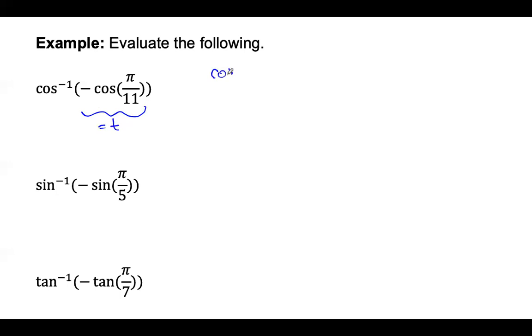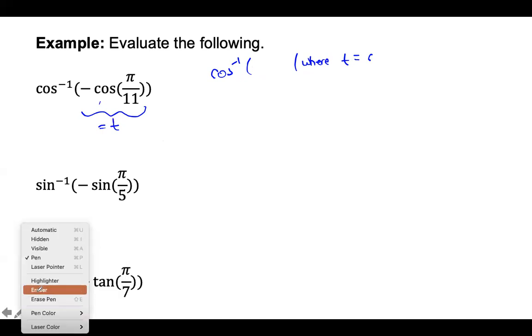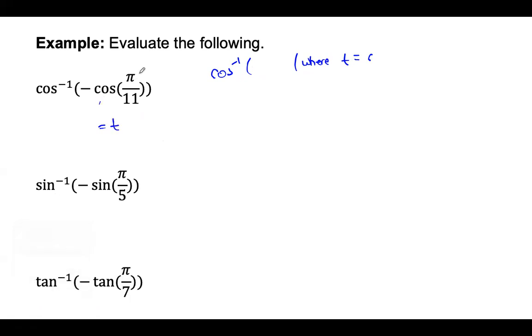So this means the cos inverse of negative t, where, let's not have it equal to the whole thing, let's say t is equal to cos pi divided by 11. So this part, not the negative.